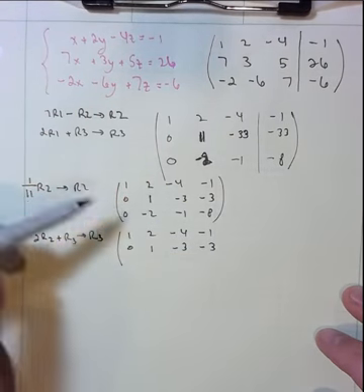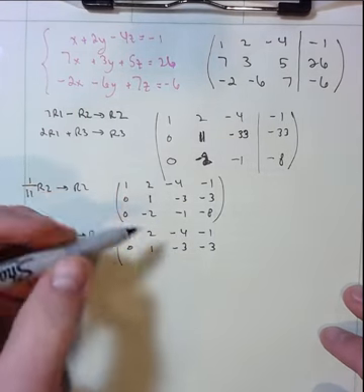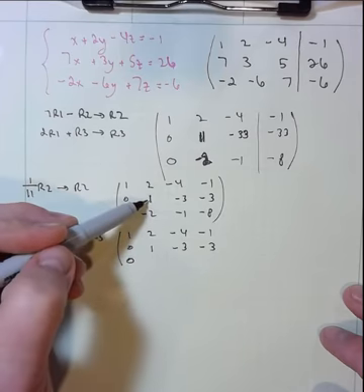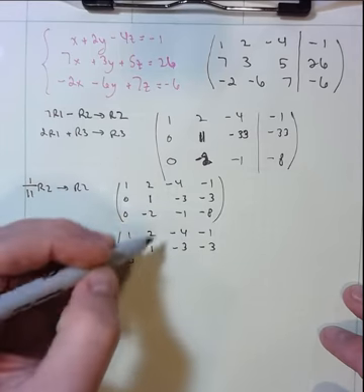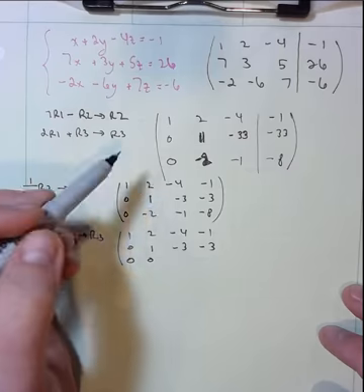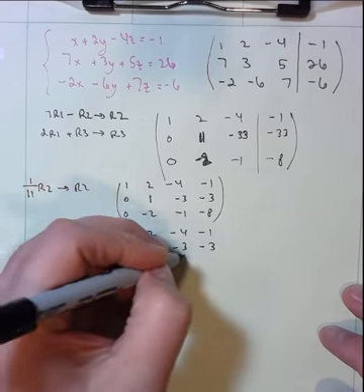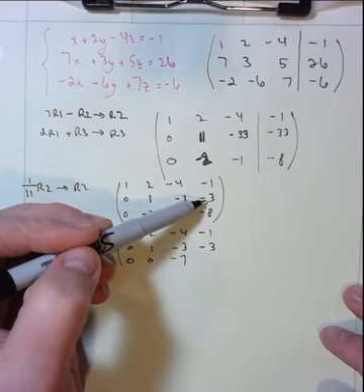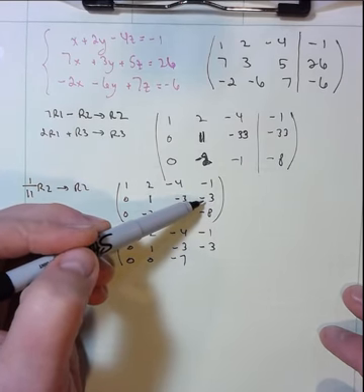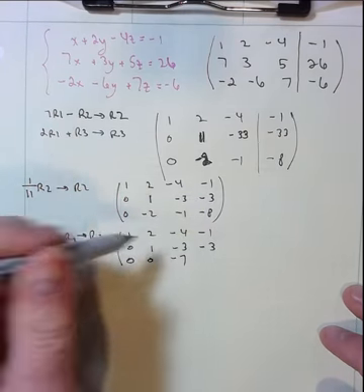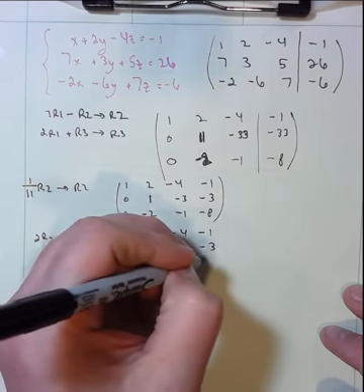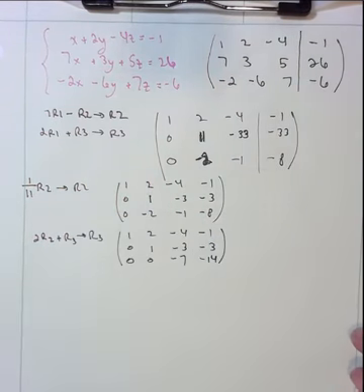Here we go. 2 row 2 plus row 3, 0 and 0. 2 of those plus that, 2 plus negative 2. Down the line, 2 of those, so negative 6 plus negative 1. And 2 of those, so negative 6 plus that, negative 8, which is negative 14.